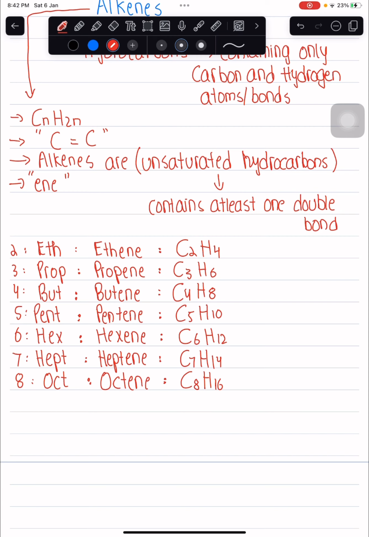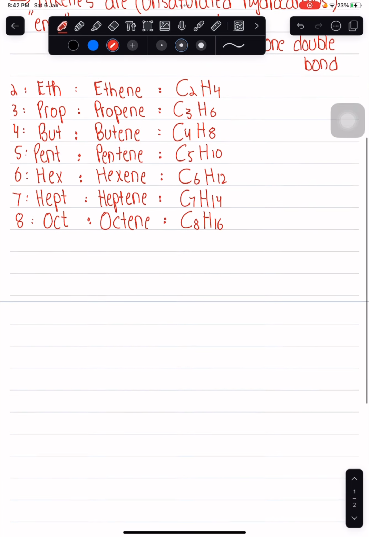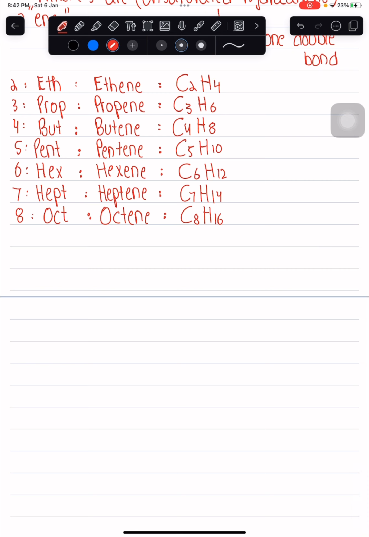You just have to remember the 2, 3, 4, 5, 6, 7, 8. Now let's look at why we can't have methene. Basically, if I plug in 1 in place of 2, I'll have CH2. Now if I draw the structure of CH2, it will look something like this. Now I can't see any double bond over here, right? There is no double bond.